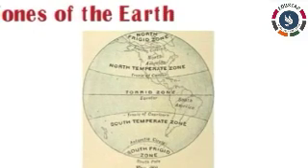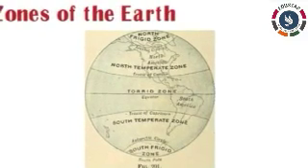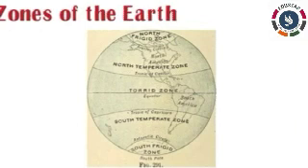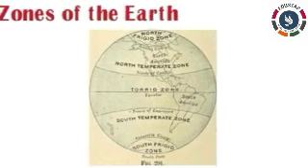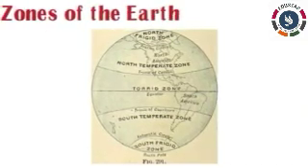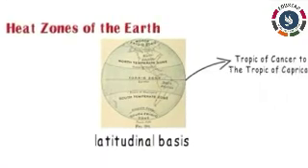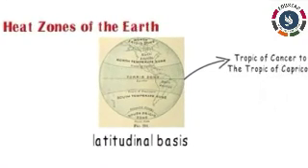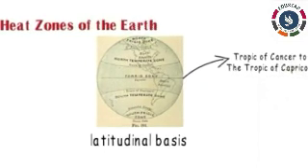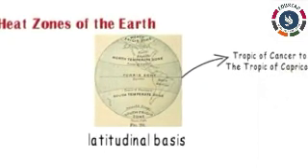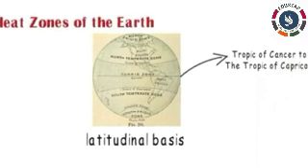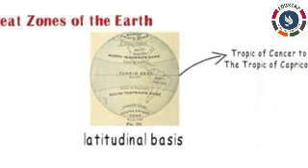Now see that picture. What are the four important parallels of latitude? Tropic of Cancer, Tropic of Capricorn, Arctic Circle and Antarctic Circle. The Tropic of Cancer in the northern hemisphere.